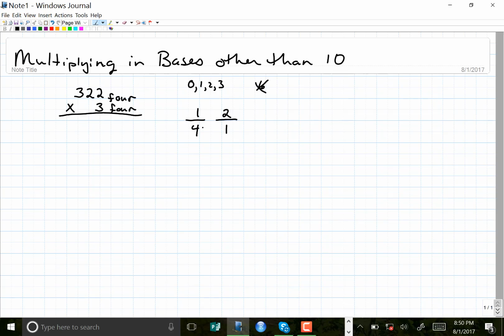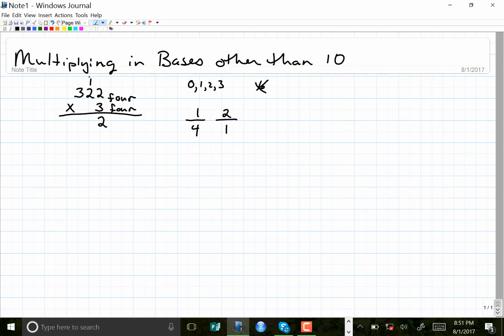So just like in our normal multiplication, we're going to put down the units digit and carry the other digit. 3 times 2 is 6. The way I write 6 is I put down a 2 and I carry a 1, because that's how I write 6 in base 4. Now when we were in base 10, what we would do at this point would be, we would say this times this plus this.